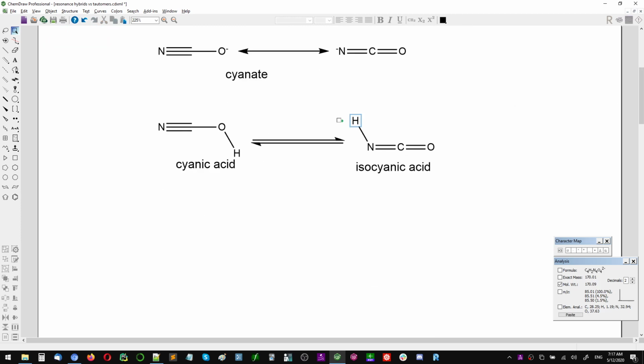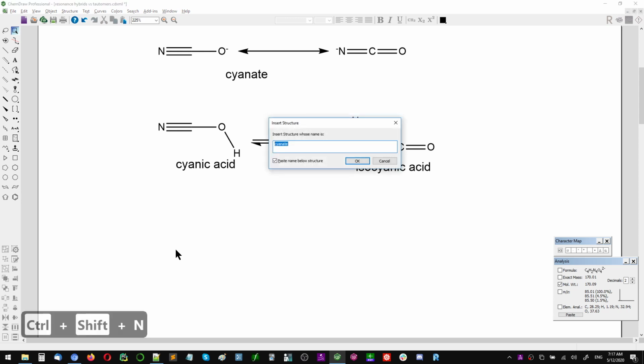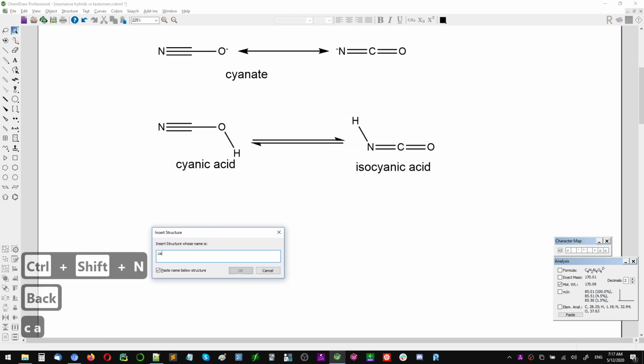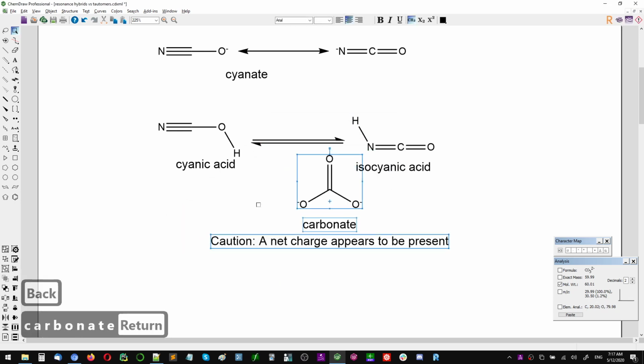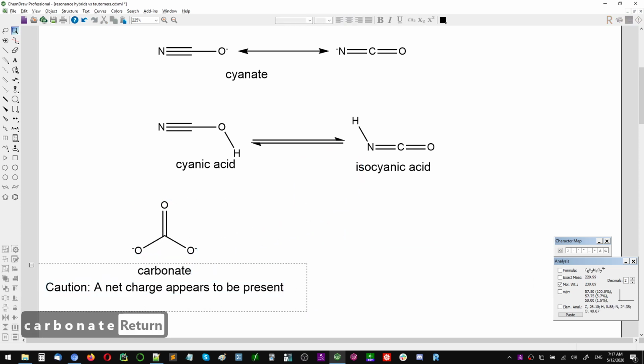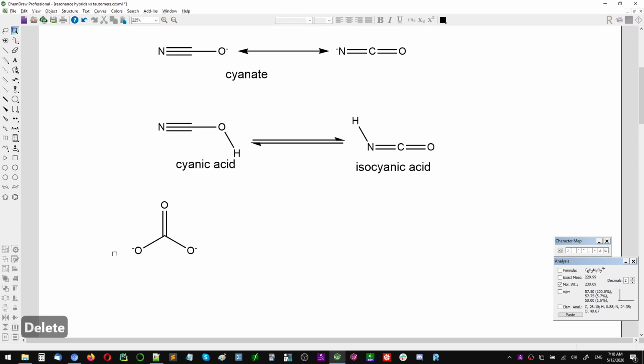actually maybe I should also tell you, let me give one more example of a resonance hybrid. Let's say I want one with three forms, so let's go with carbonate. So this is carbonate. I would prefer to call it carbonate ion.